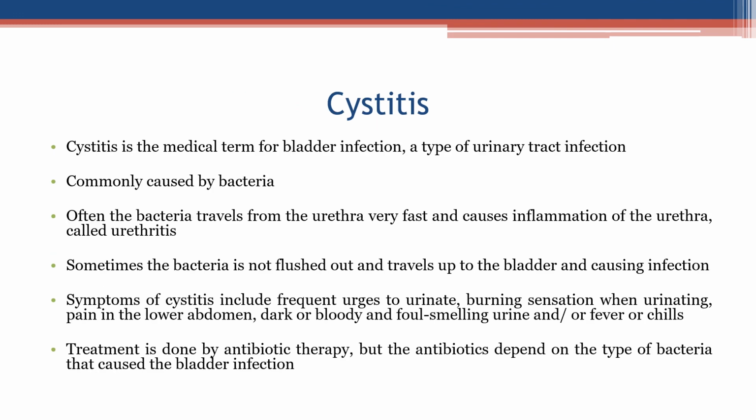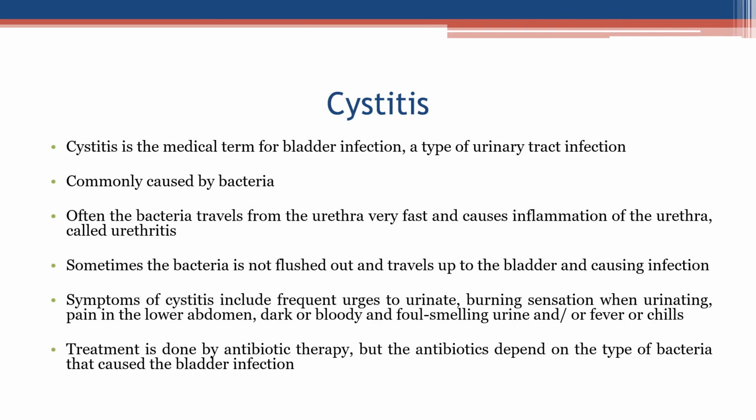Cystitis. Cystitis is the medical term for bladder infection, a type of urinary tract infection. It is commonly caused by bacteria. Often the bacteria travel from the urethra very fast and cause inflammation of the urethra, called urethritis. Sometimes the bacteria are not flushed out and travel up to the bladder, causing infection.